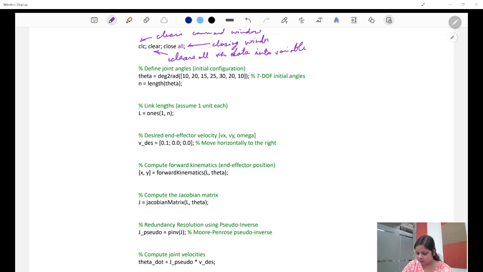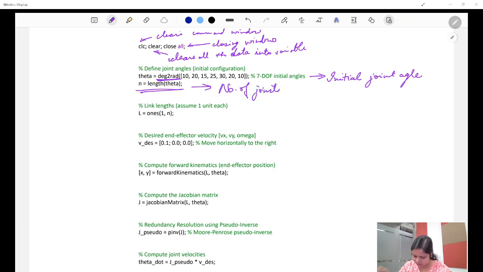Okay, now after this, theta that we are defining is basically the initial joint angles, the seven joint angles that we want for the 7-DOF robot. So this is the initial joint angle, and it is converted from degrees to radians using deg2rad, which helps in converting from degrees to radians. n is basically the length of theta, because we want to define the number of joints.